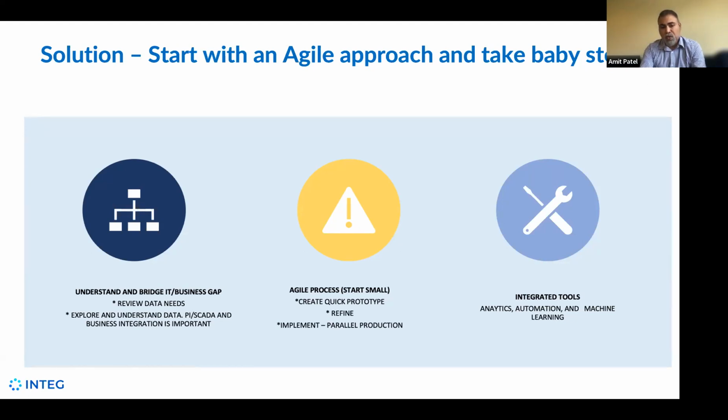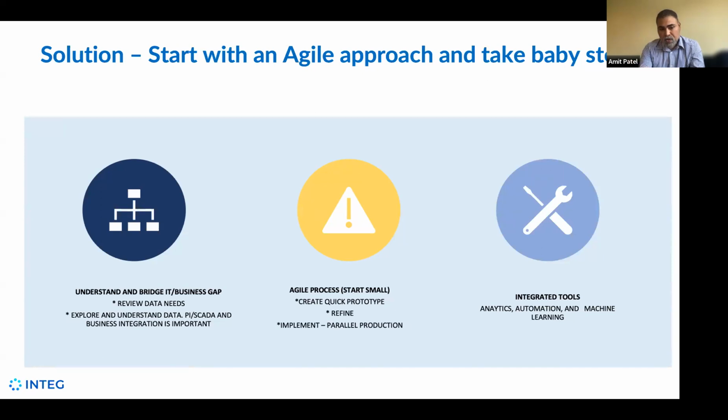You need to review your data needs first, then explore and understand the data. Often just those two steps, as simple as they seem, actually stop a lot of projects, especially smaller projects. You may have folks in Pi that understand their side, then you have the business that understands their side, but them communicating is difficult because everybody doesn't have the same data, or they're not discussing it in the proper ways.